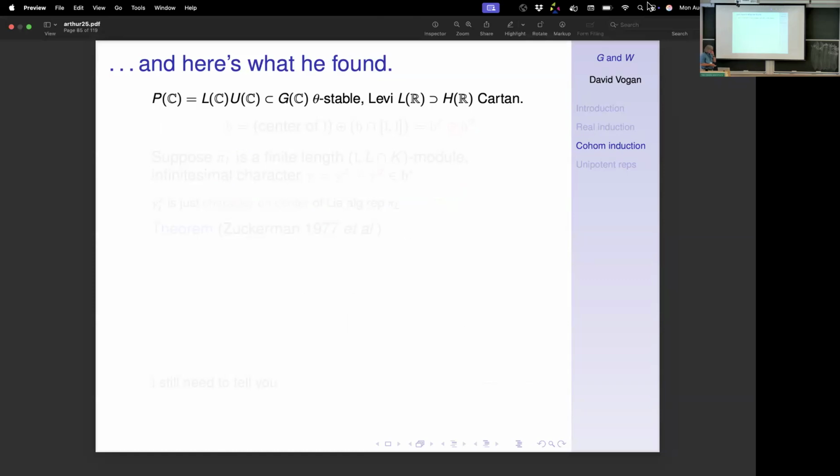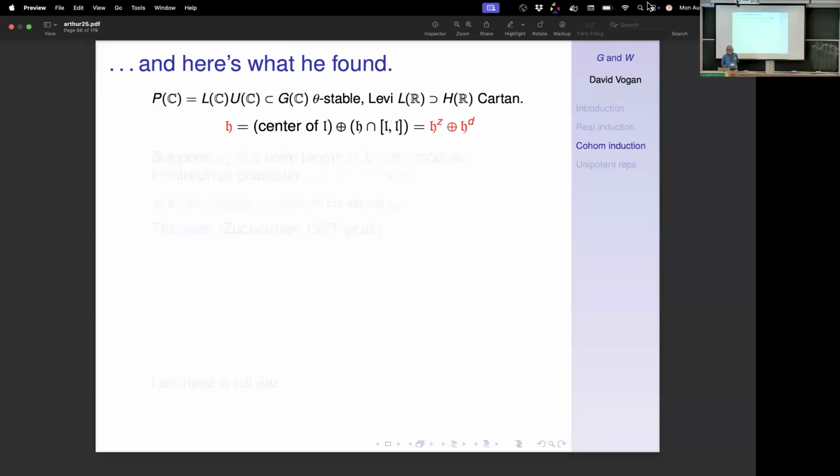Okay. So here's the nature of Zuckerman's results. I've still got this theta-stable parabolic, and I want to fix a Cartan in the Levi. And I want to decompose that Cartan as the center of the Levi, direct sum its intersection with the derived algebra. So the Z stands for center, because we all know that Lie wrote in German, and the D stands for derived.